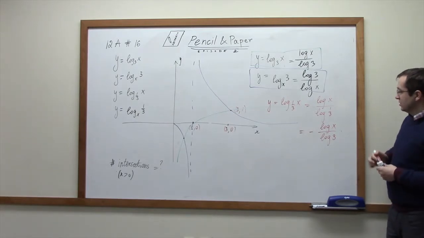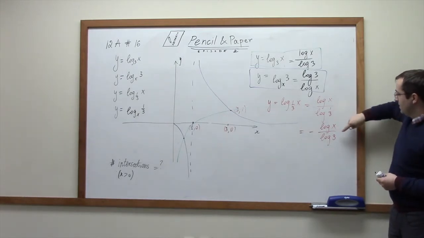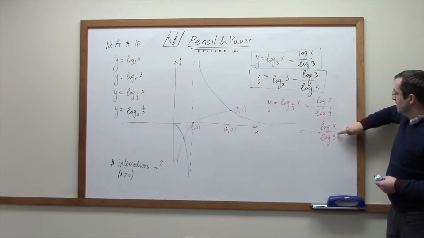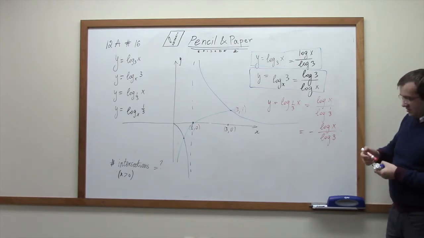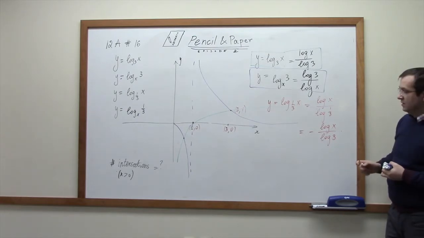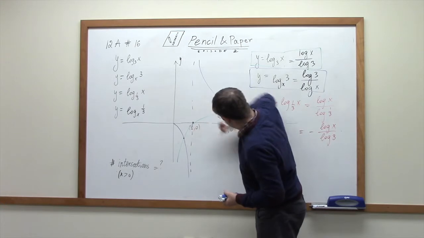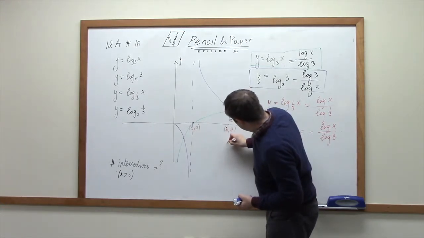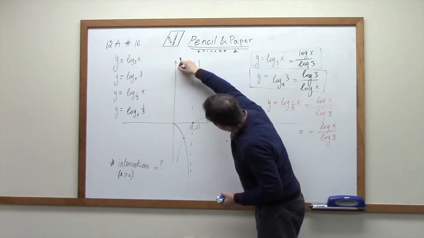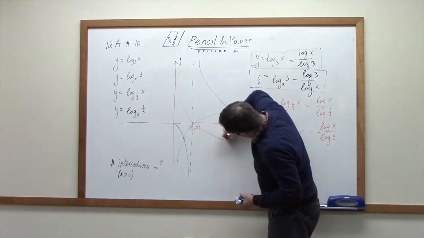So it's basically the negative of the first function. How do we draw the negative? You just reflect it across the x-axis. So it's going to look like this.